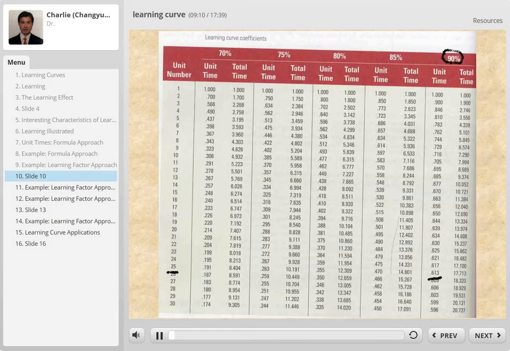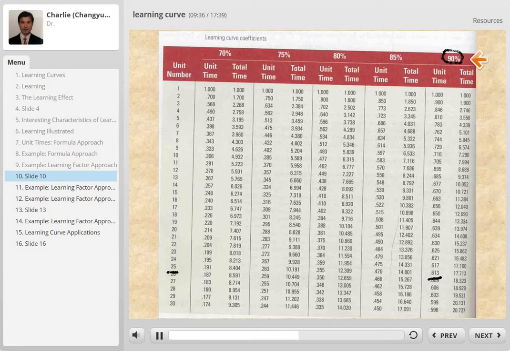So here's the table. We know the unit number we need to finish is the 25th. So in the first column, the unit number, we look for 25. And then we look for the learning rate, which is 90% in our case. So on the top row, we look for 90%. And then what we need to find is the 25th unit, right?